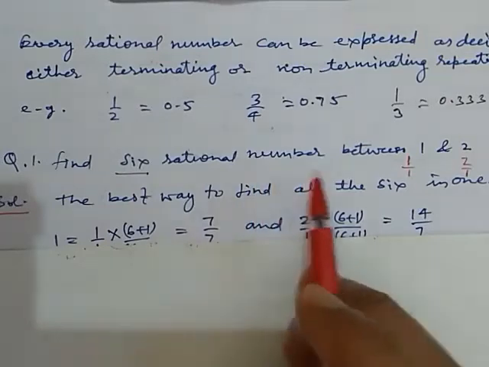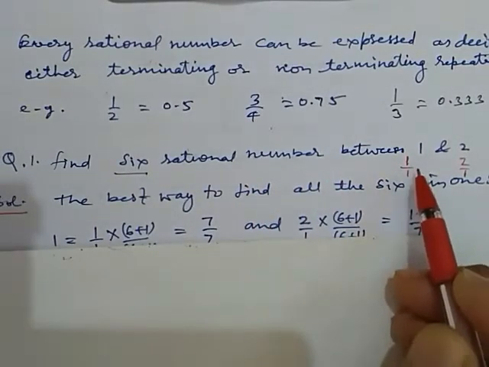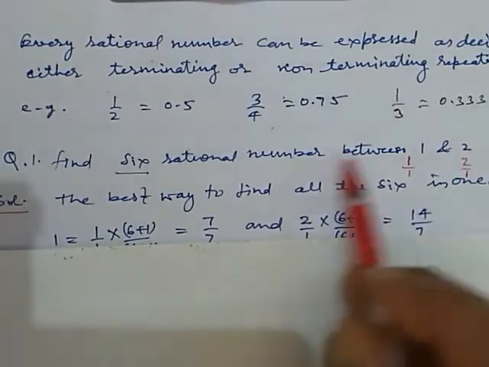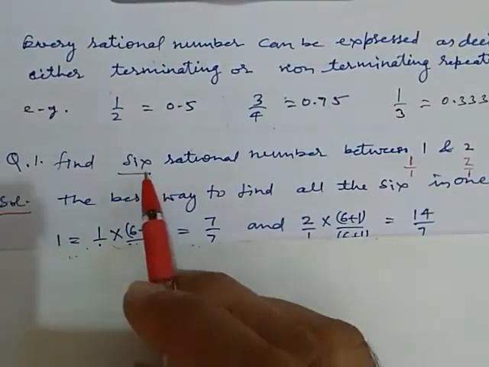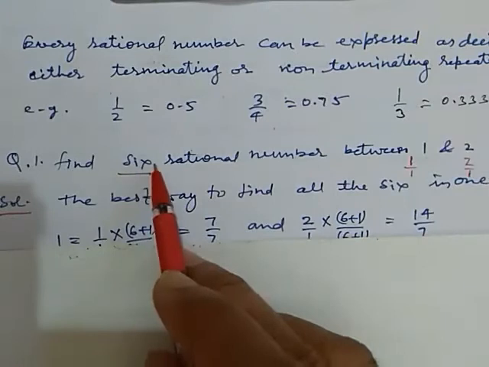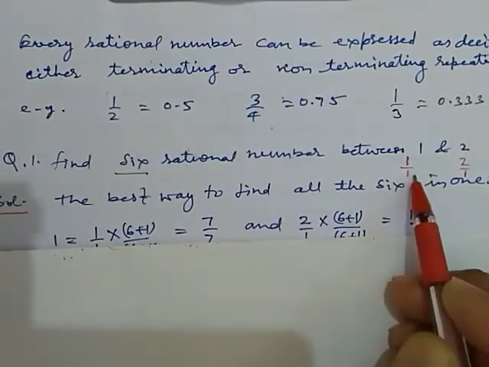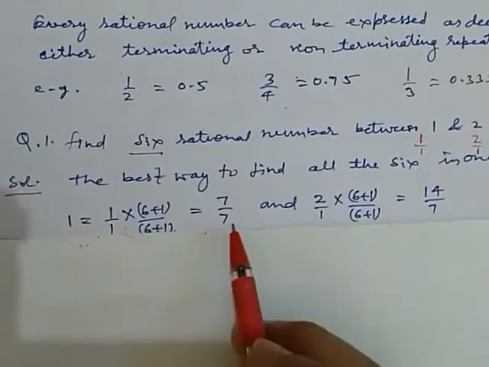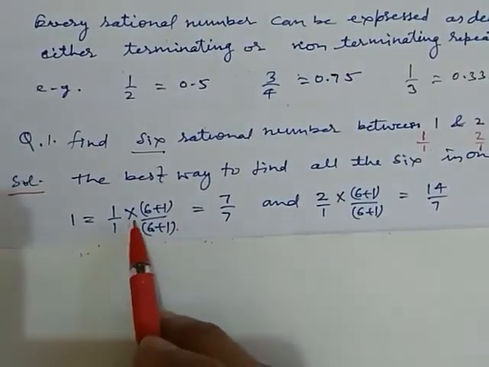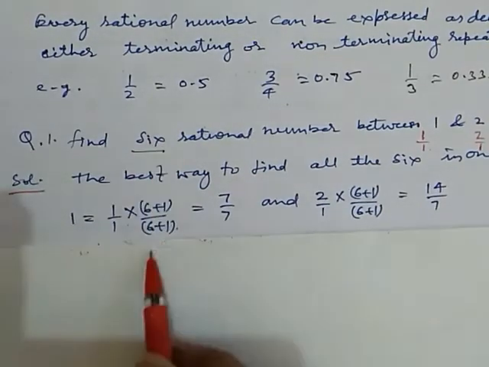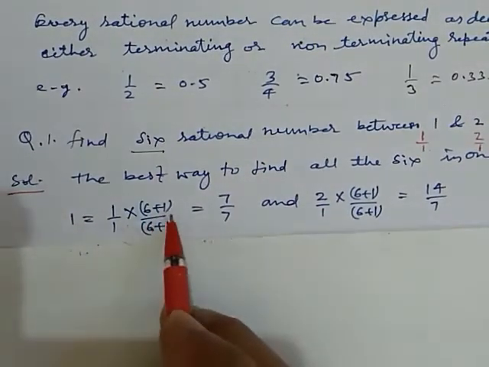So we multiply the numerator and denominator of these two numbers by one more than 6, so 6 plus 1 is 7. Always remember, we add 1 to the number required.